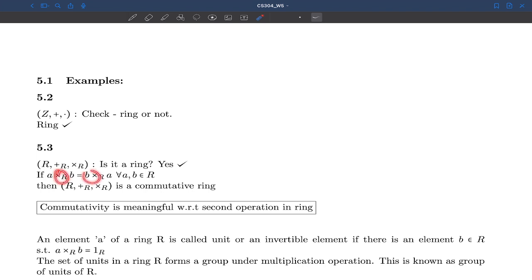So if I am getting the commutative property with respect to the second operator, then it will be a commutative ring. Okay.